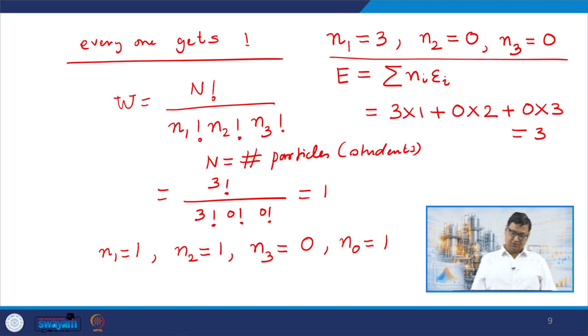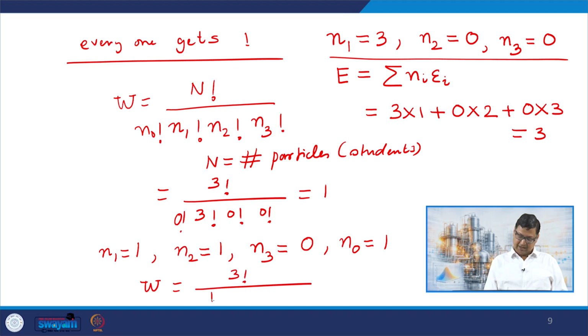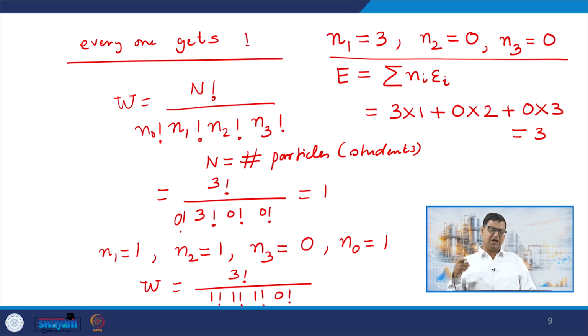So now you will see this W is going to be 3 factorial by 1 factorial, 1 factorial, 1 factorial, 0 factorial, where I am considering the number of people having 0 chocolates, 1 chocolate, 2, and 3, and this gives me 6.